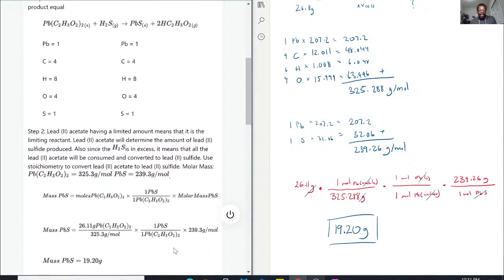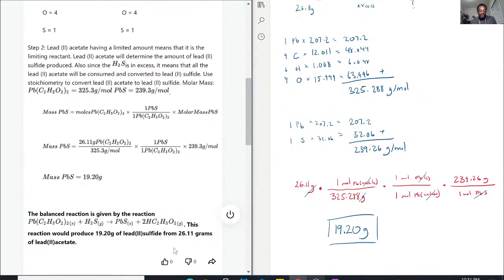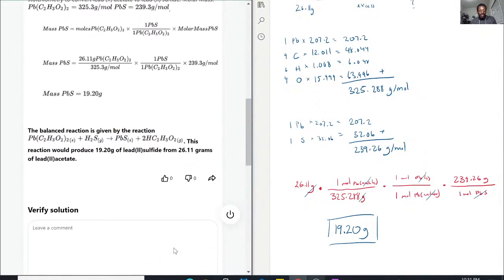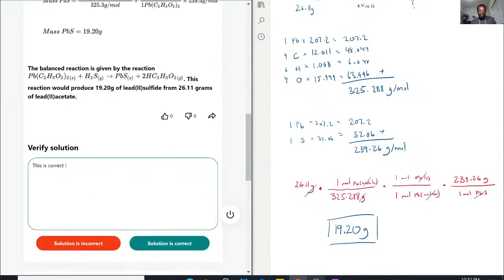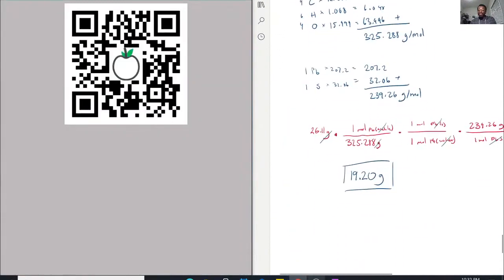By doing that and multiplying everything, they got 19.20 grams. Okay, and this is how they got the answer, and that is correct. So with that being said, we've now solved question 20.